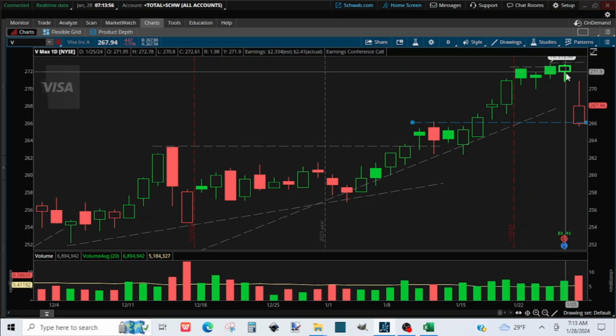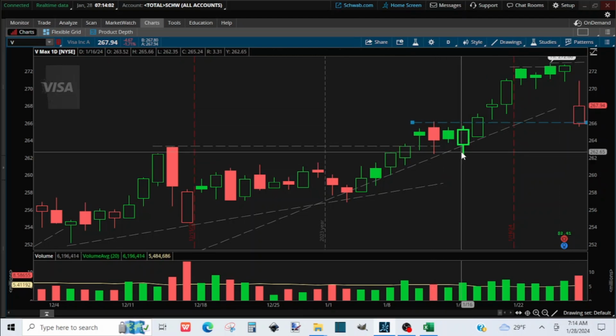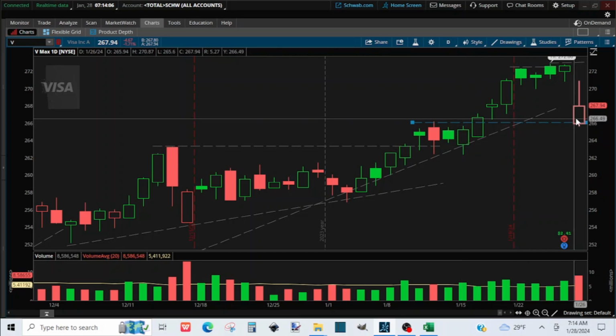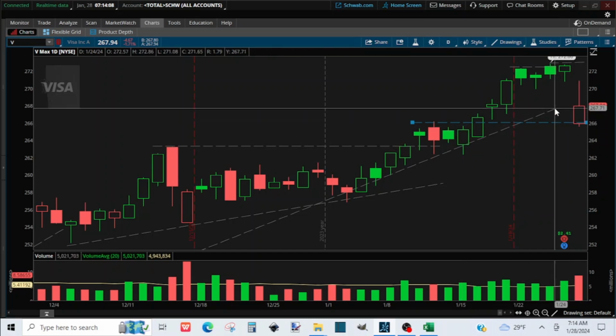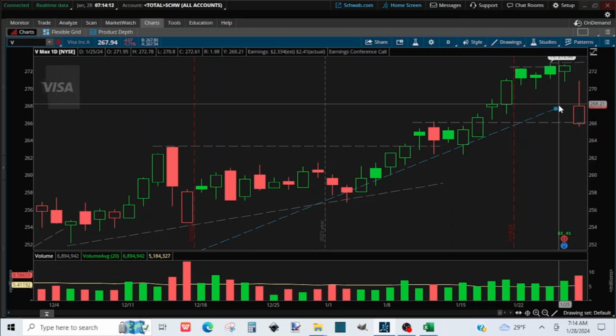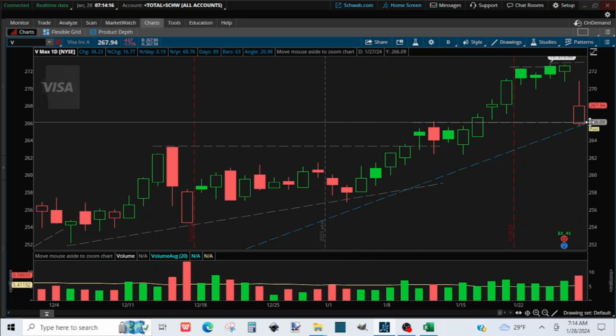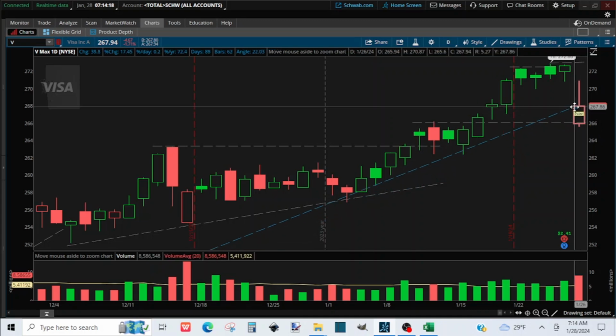So it went down and went down and is sitting on this previous resistance, but the low is lower compared to this one, so that means it's still on the trend. Now if I try to move this trend line to here, it's going to shift it quite a bit from the others.